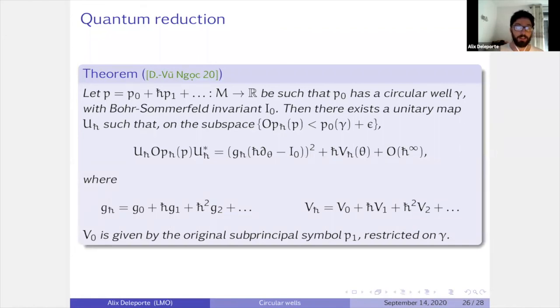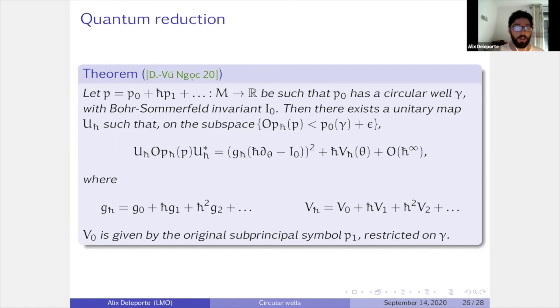symbols. And if we're dealing with pseudo-differential operators, then V0, the main potential term in your reduced operator, is exactly the original subprincipal symbol you started with, restricted on the curve. So you don't have to make very hard subprincipal computations to obtain V0. It's just the original subprincipal symbol if you're dealing with pseudo-differential operators.